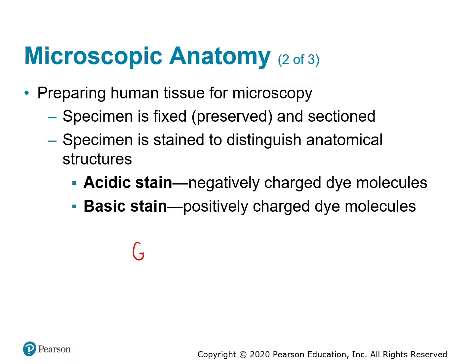I'm sure you've heard of a Gram stain. A Gram stain is looking for peptidoglycan in the cell's membrane, and if it's there, it will turn purple. And if it is not, it will be pink, pinkish red.